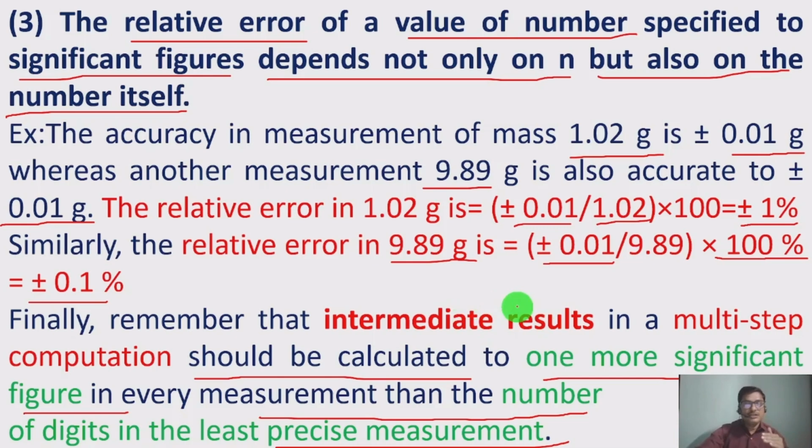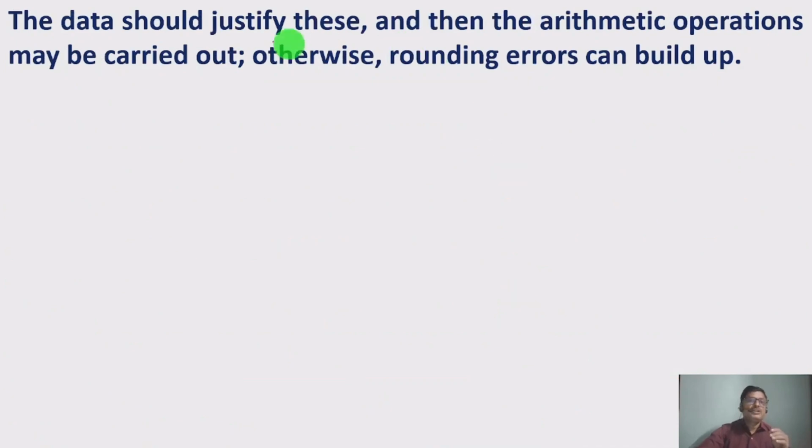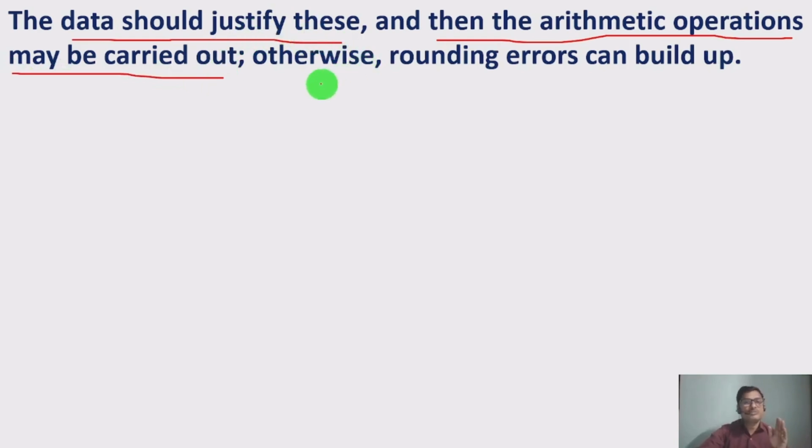The data should justify this, and then the arithmetic operation may be carried out. Otherwise, rounding errors can build up.